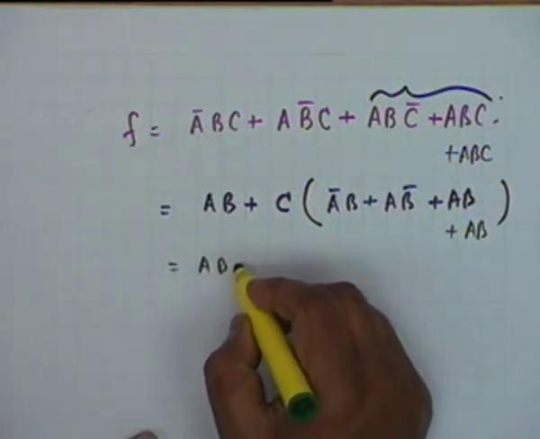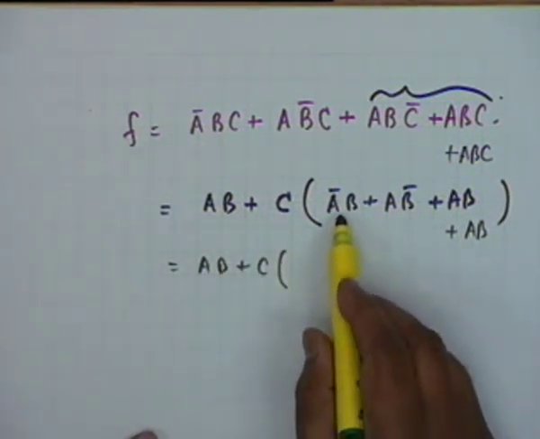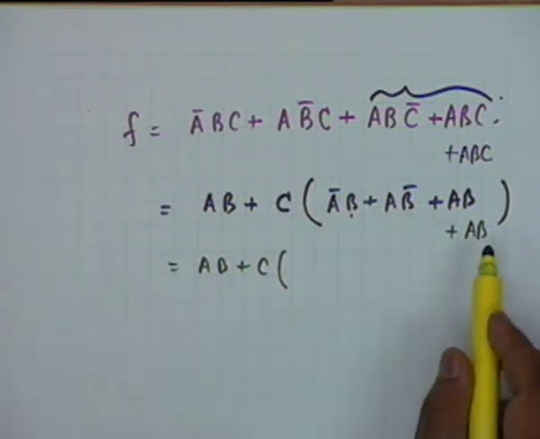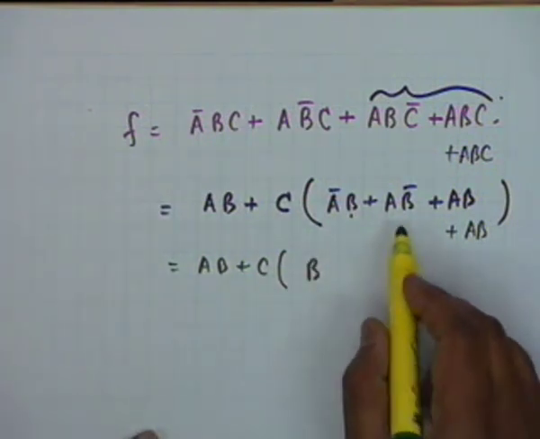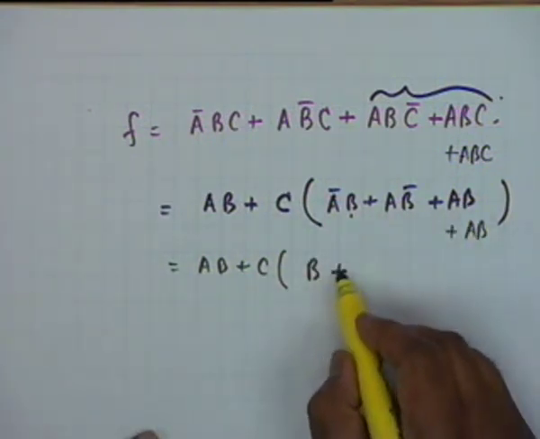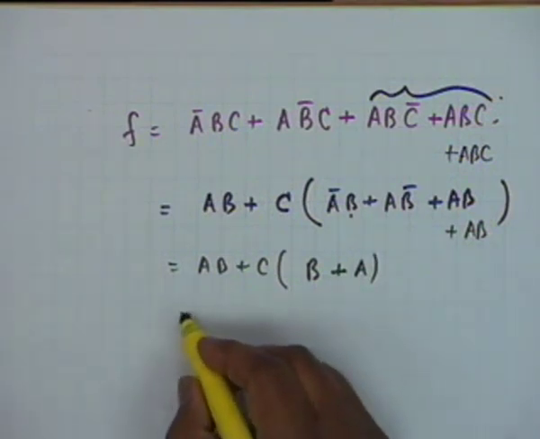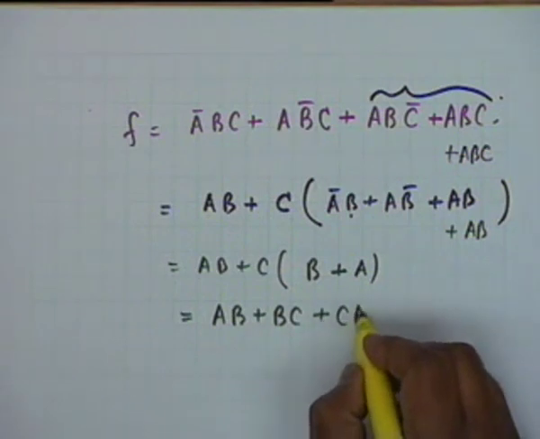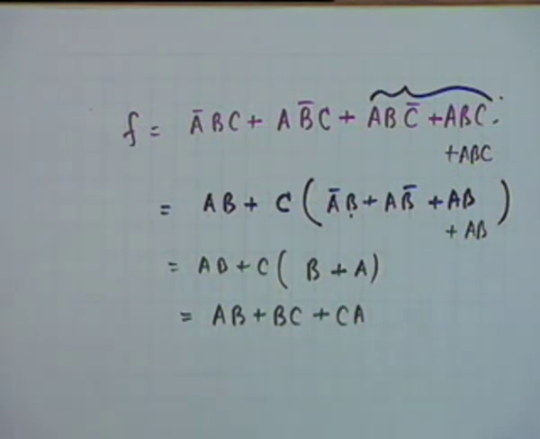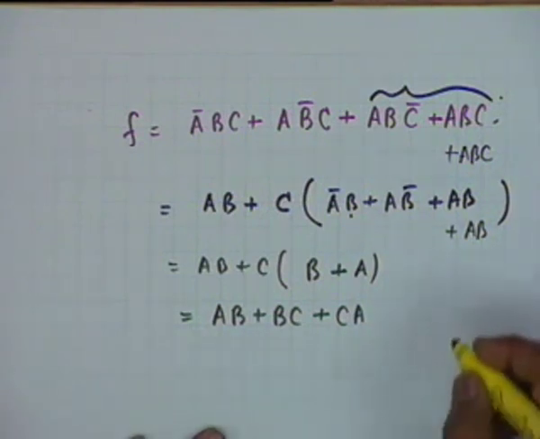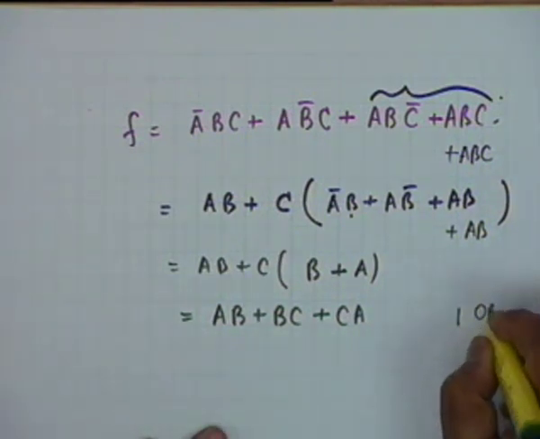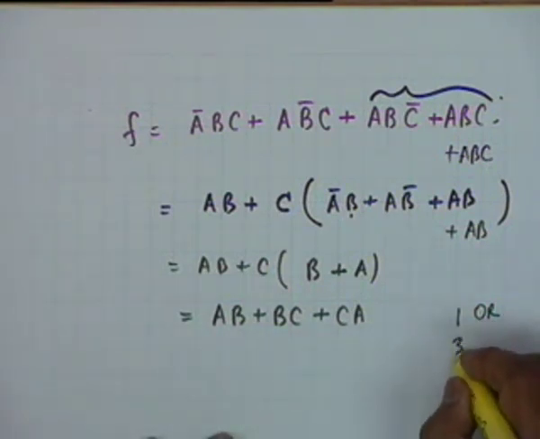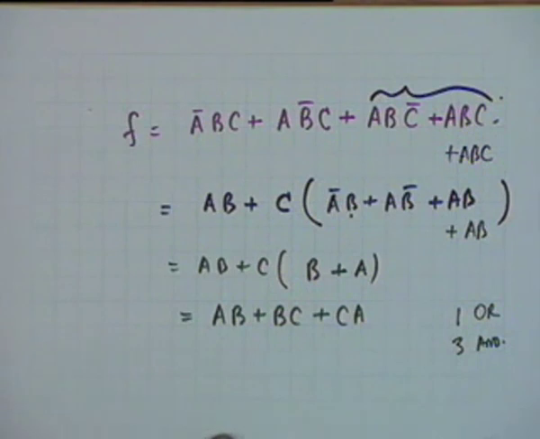Then we say AB plus C. You see, A bar B plus AB is simply B, and AB bar plus AB is simply A, and therefore this is simply AB plus BC plus CA, which means that you require now one OR gate, no inversion, one OR gate and 3 AND gates.